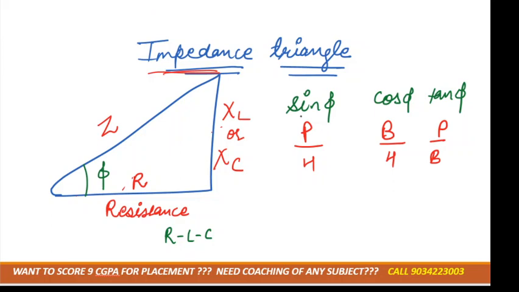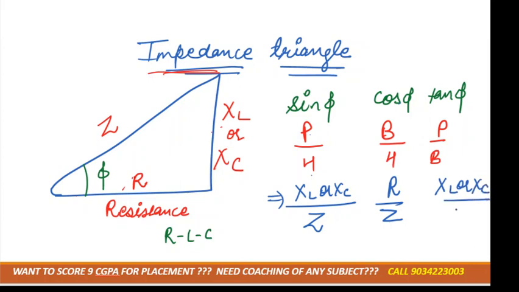So P by H is either XL or XC by hypotenuse, meaning Z. Cos phi is how much? Tell me. R by Z. And tan phi is how much? XL or XC by R.